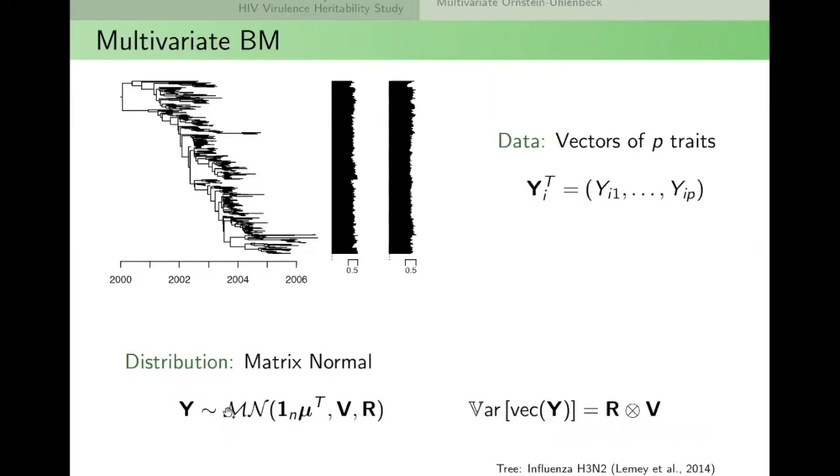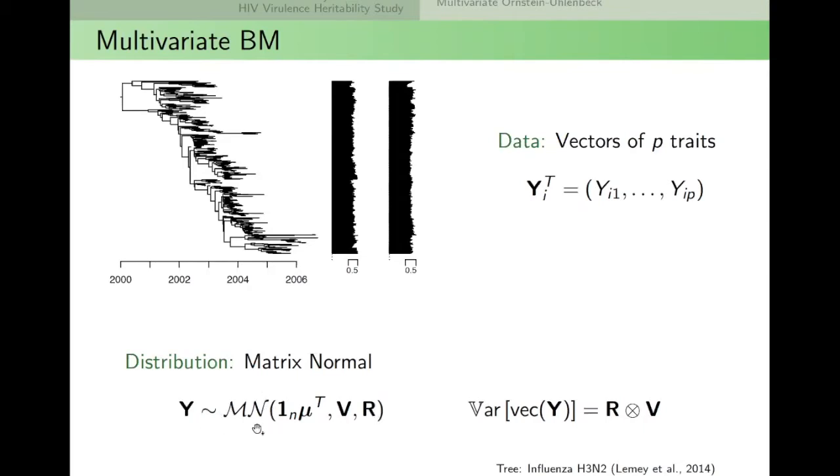So this is a matrix normal distribution. Y here is a matrix with n rows that are the species and p columns that are the p traits. And so this is a matrix normal with mean mu, with variance for the rows given by V, so this known matrix if the tree is known, and with column variance given by R, so the variance of the Brownian motion process that you took.